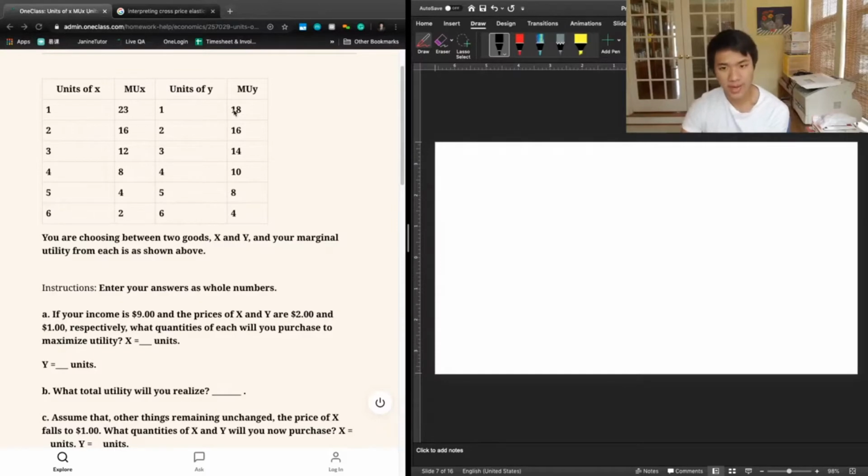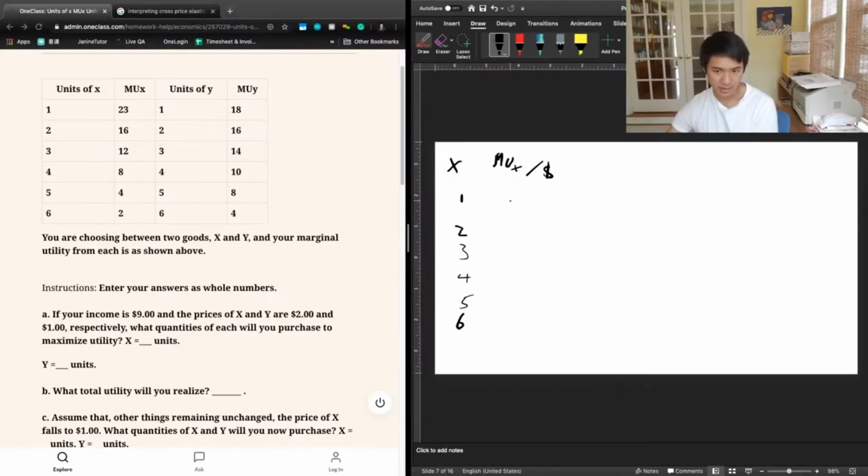For marginal utility of X, you're going to get a slightly different graph here. So for units of X, we have 1, 2, 3, 4, 5, and 6. And so for marginal utility of X, we have 23 as a marginal utility divided by $2, right?